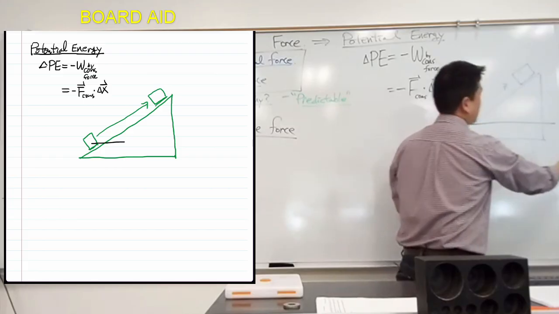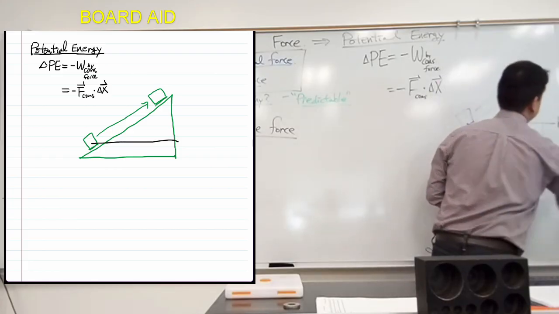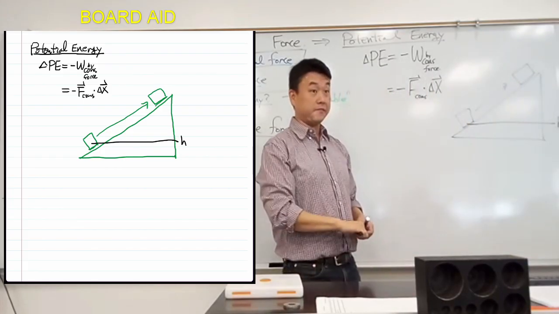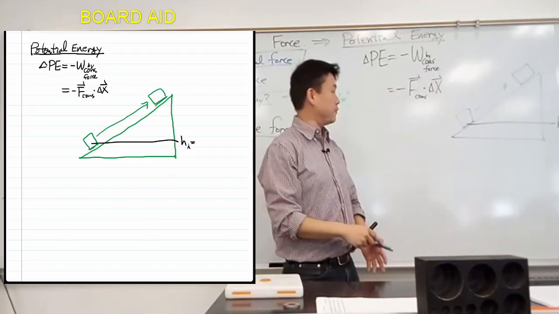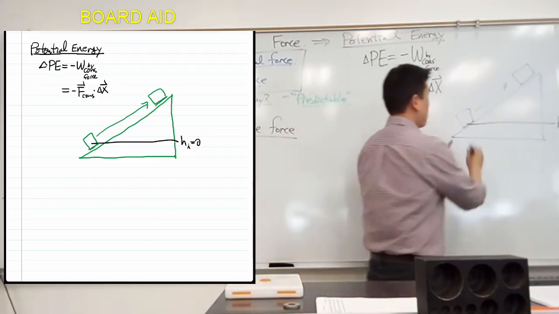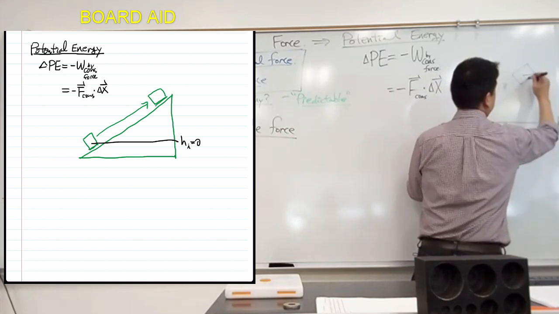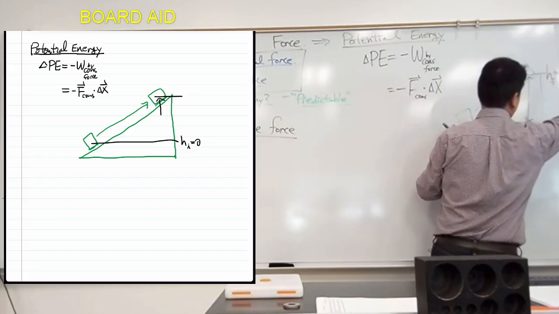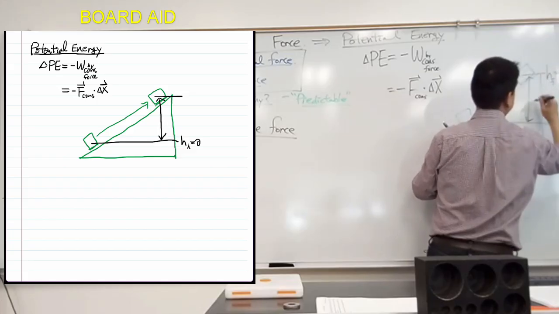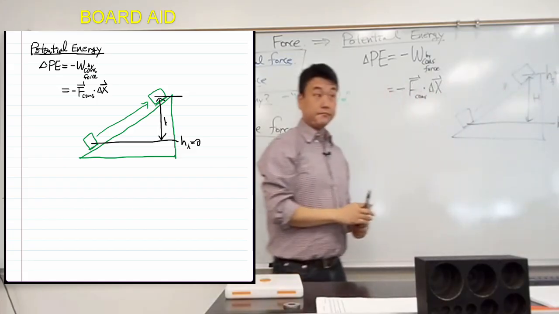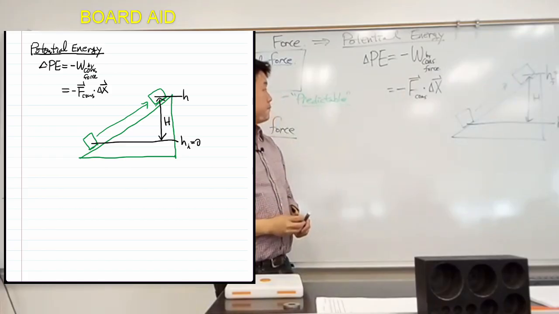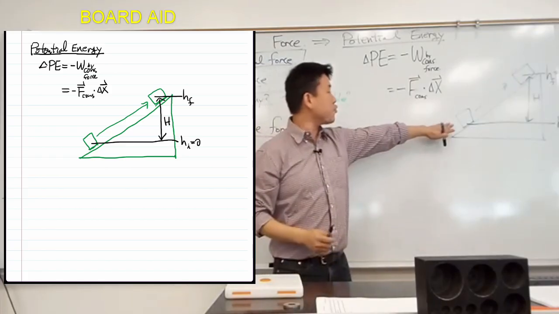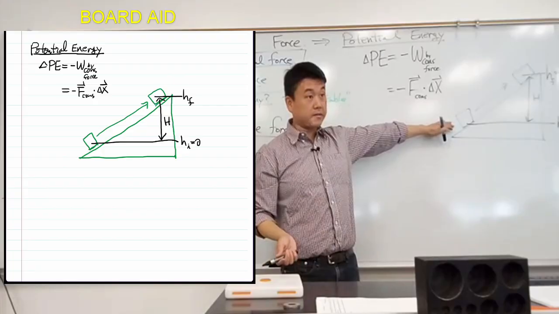Let me call this initial height equal to 0, just to make it easy for myself. No reason to introduce unnecessary numbers. And when the block goes up here, let me say this final height is capital H. So this is a situation that we know how to analyze.